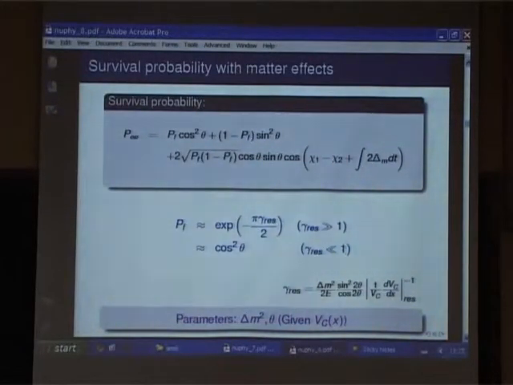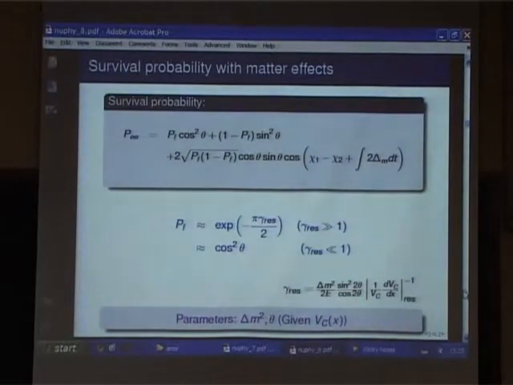If it's much smaller than 1, we get something that looks like this. Essentially, our parameters are delta m square and theta. So after doing all these things, finally we will fit to 2 parameters, delta m square and theta, just like we did for atmospheric neutrinos.